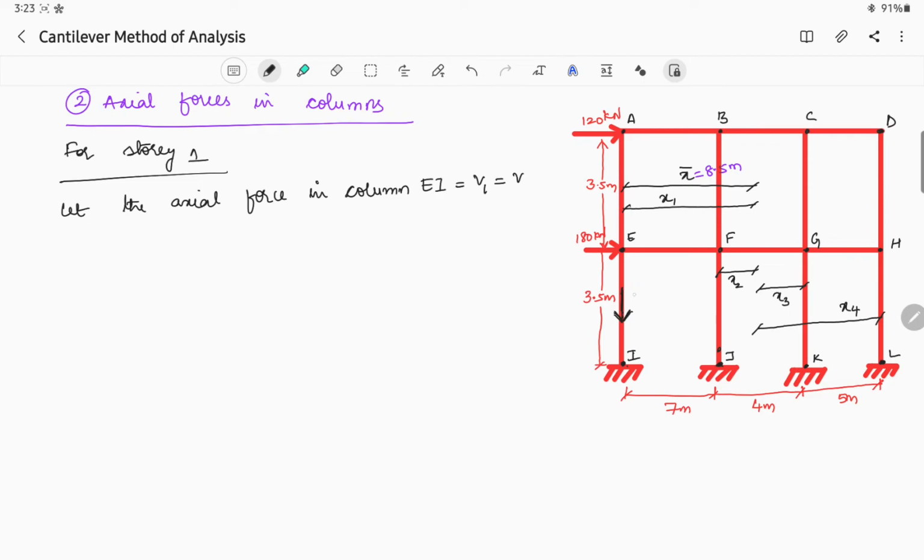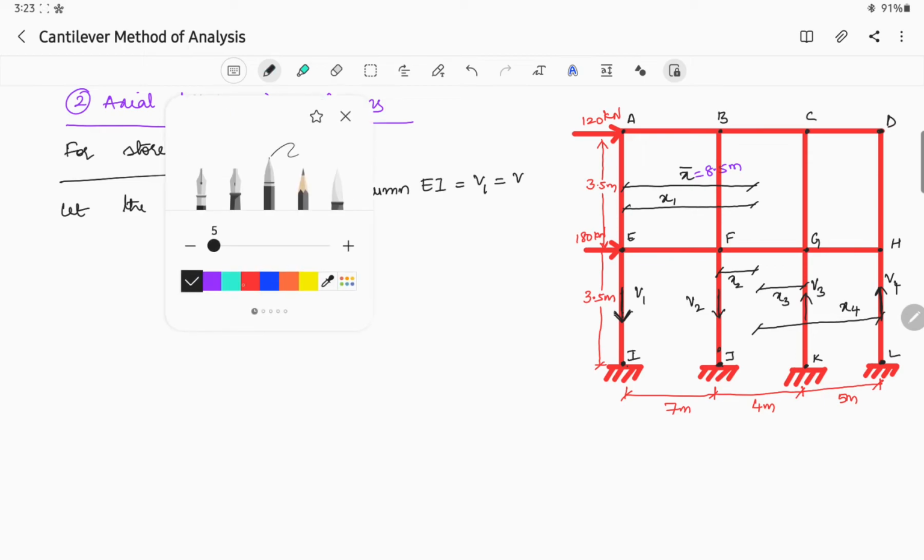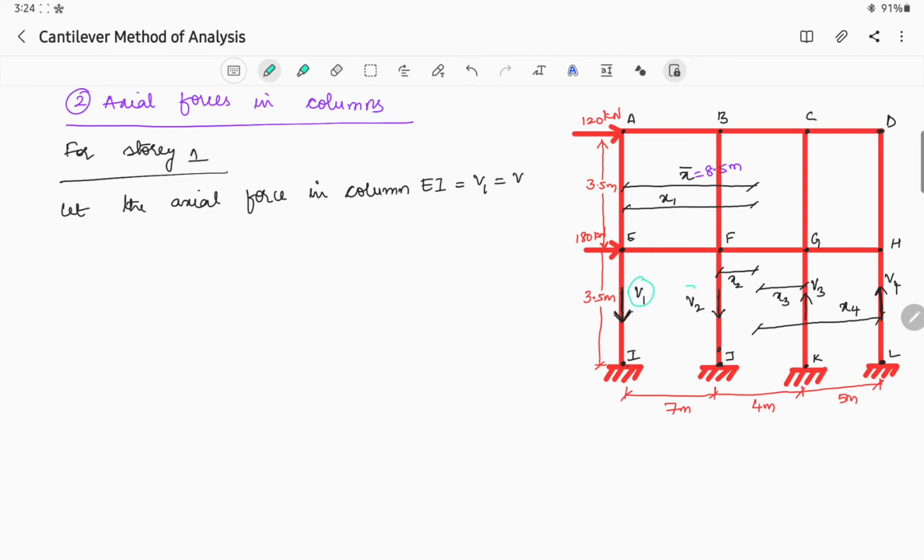So let this be V1, another force be V2, and the remaining two forces should be in upward direction, that is V3 and V4, so that we balance. So V1 and V2 are going in downward direction, whereas V3 and V4 are going in upward direction.